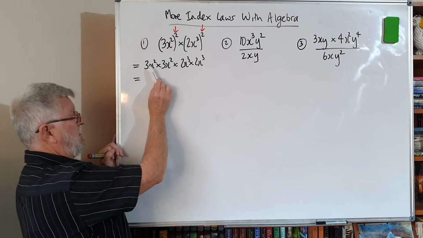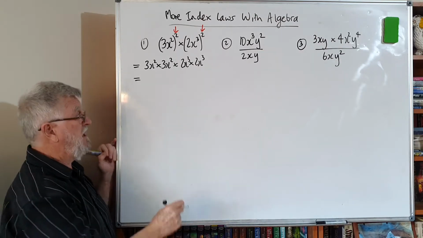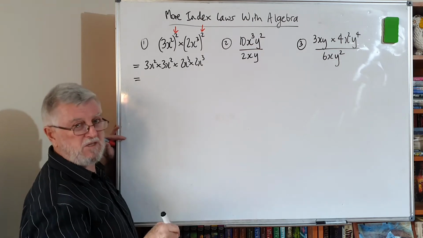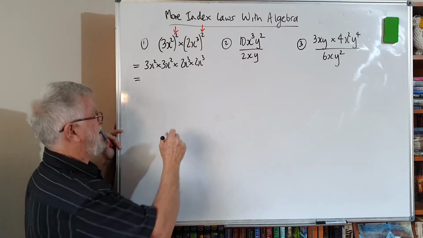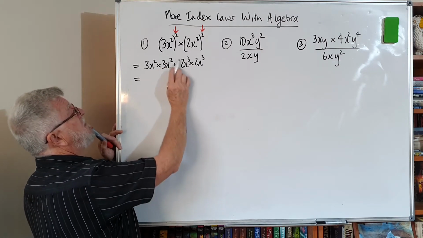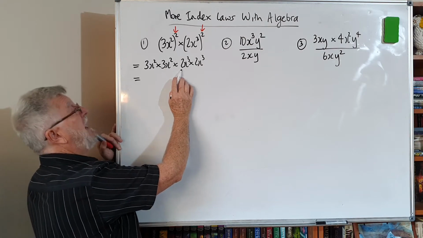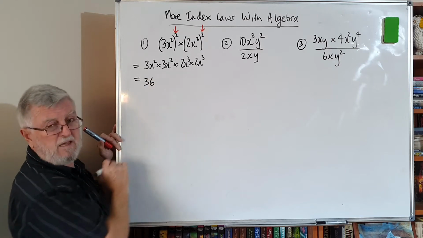You can go 3 times x times 3 times x and go right through the whole process, which I call write out in full. So if you're stuck in assessment and you think, I don't know what to do, I can remember doing it all those years ago when I was in school. I've got a 3 times a 3 is 9, times another 2 is 18, and the numbers start going crazy. And 18 times another 2 is 36. You can pick up your calculator and check that.